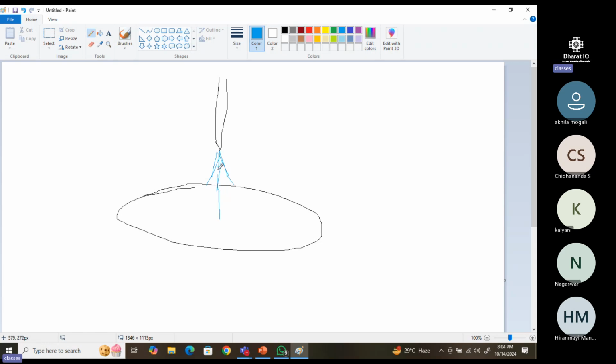A lens is here, a convex lens, which is focusing this beam and making it fall over this part.